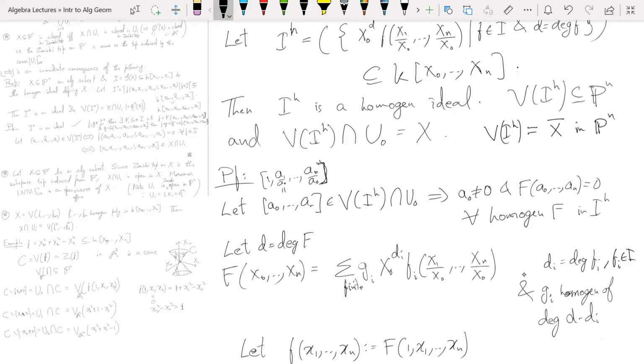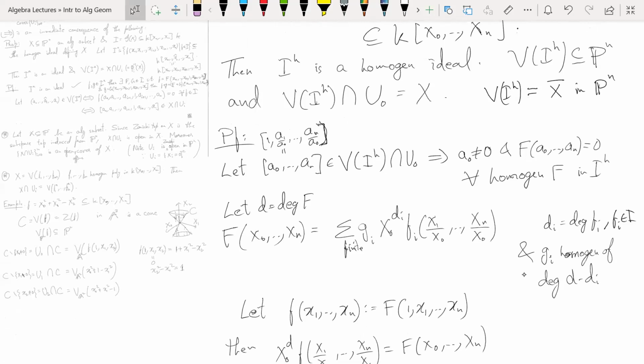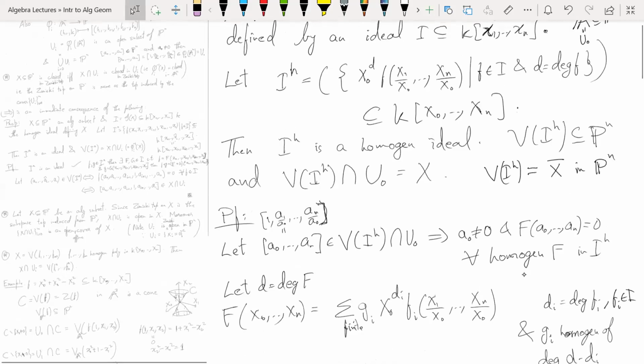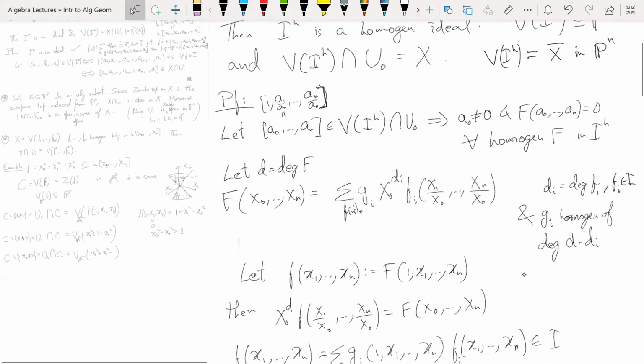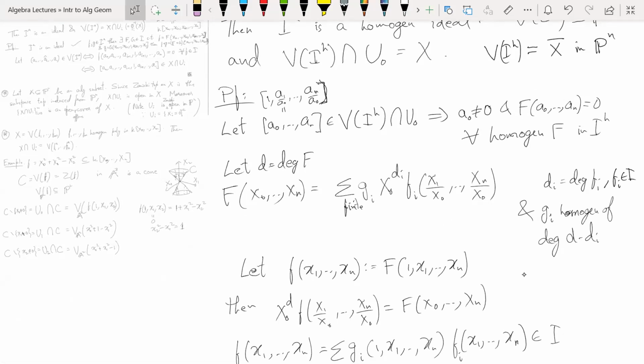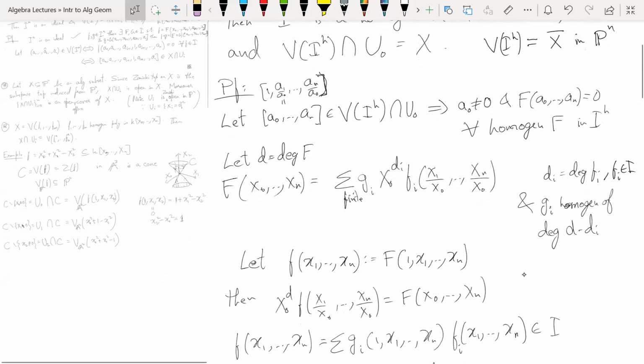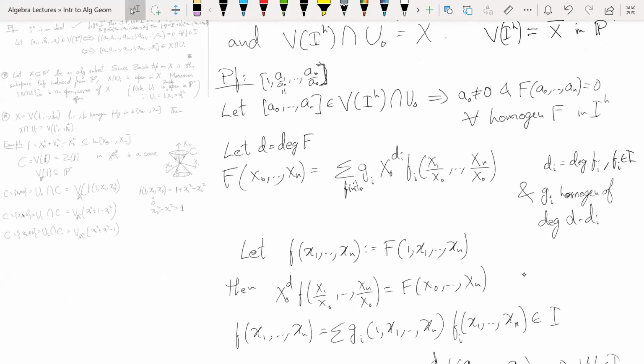Each of these homogeneous pieces should have degree d, and this is a finite sum. So this is what it means that F is an element of I^H. We'll come to what this statement implies, but let's just analyze F. Now you declare little f(x1, ..., xn) to be F(1, x1, ..., xn). So this is a polynomial in K[x1, ..., xn].